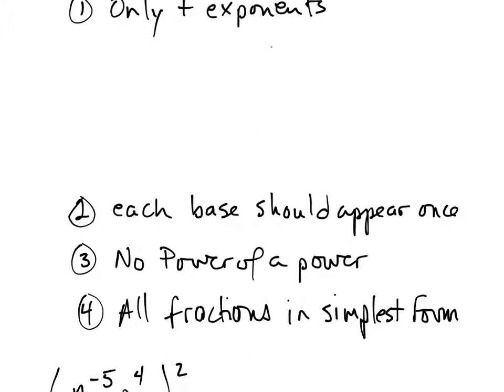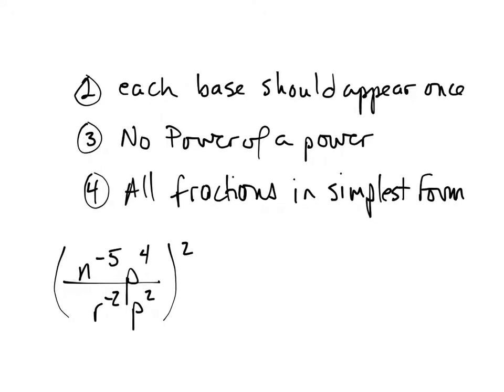All right, let's try one last little problem. We'll run through this one relatively quickly. I won't show quite as much work on this one. So, n to the negative fifth, p to the fourth, r to the negative second, p squared, and then the whole thing being raised to the second power.